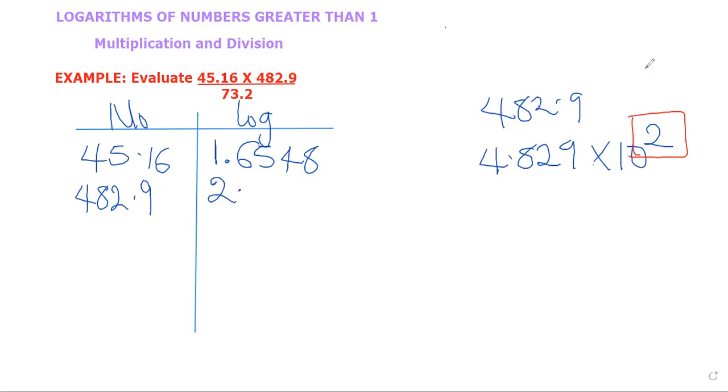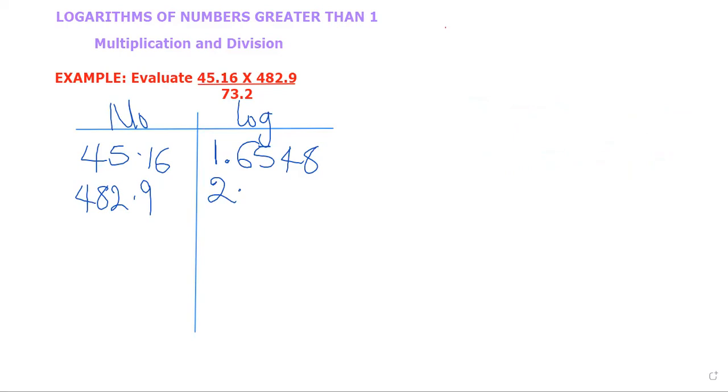Now we are going to use our 4-figure table again to check for 48 under 2, difference of 9. Let's quickly check 48 under 2. You can use your 4-figure table.